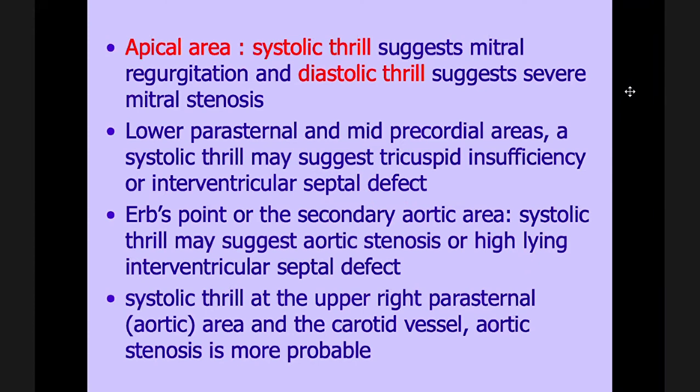At Erb's point or the secondary aortic area, if you palpate a systolic thrill, this may suggest aortic stenosis or a high-lying interventricular septal defect. If you palpate a systolic thrill at the upper right parasternal area and the carotid vessel, this is most probably secondary to aortic stenosis.